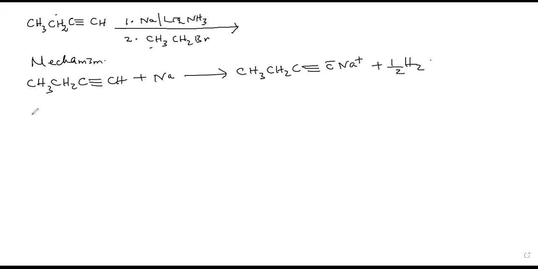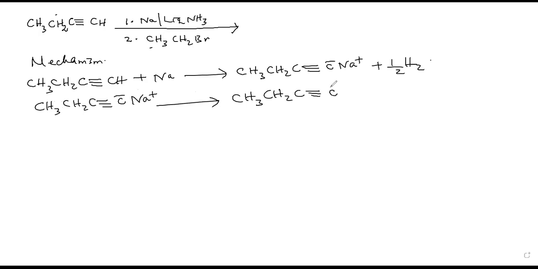Then now you'll get your CH3CH2C≡C⁻ plus sodium, and then at this point, you're going to bring this alkyl halide.